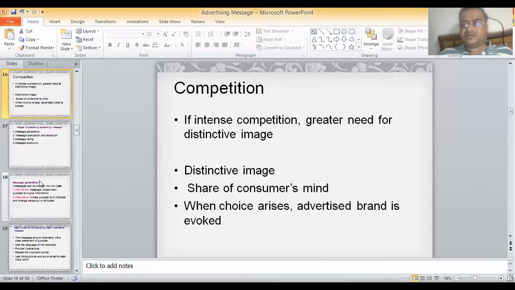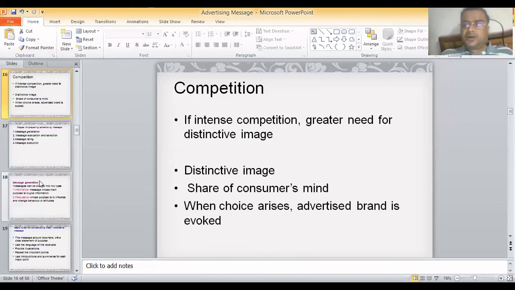These are brand names. You will get value for money. You will get a social high with all these things. So likewise, if you wear a Tissot watch, or you wear a Cartier watch, these kinds of things give you a distinct image.